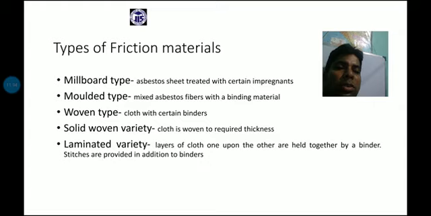That is the equation for the multiple plate clutch.